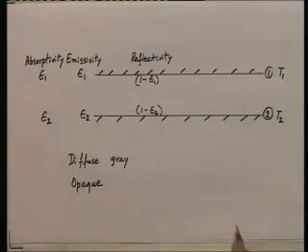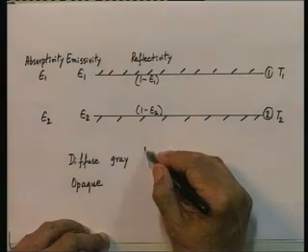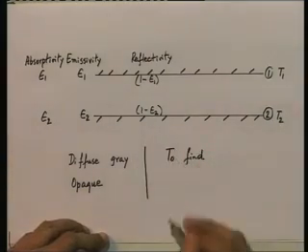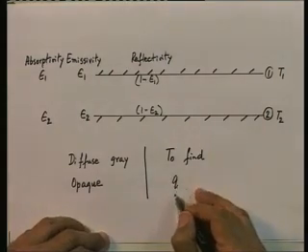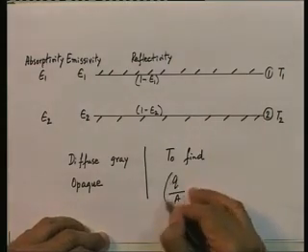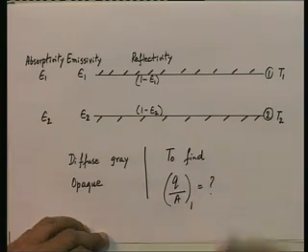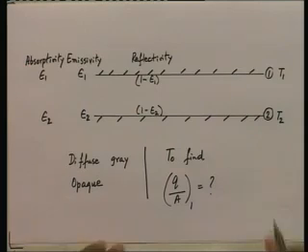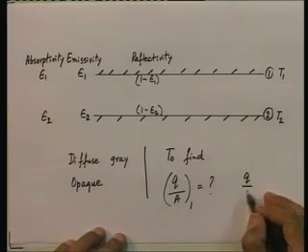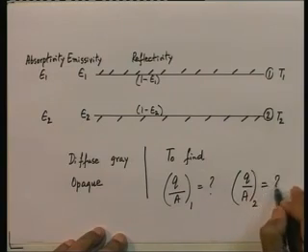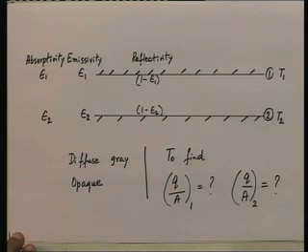We are required to find the rate at which heat is supplied at the surface 1, or the heat flux supplied at the surface 1, and the rate at which heat is supplied at the surface 2, Q by A 1, Q by A 2, heat flux supplied at surface 1, heat flux supplied at surface 2.